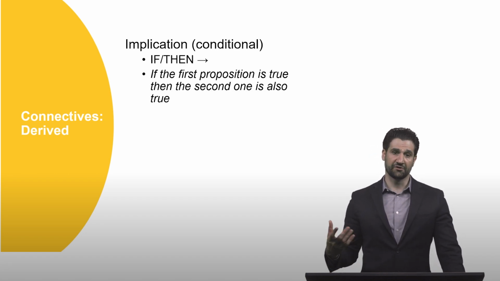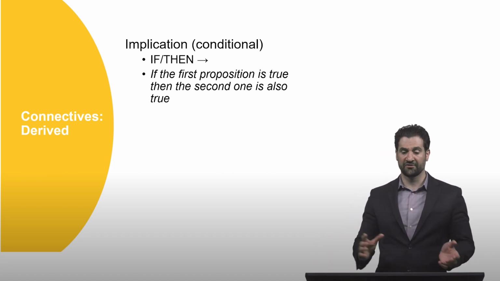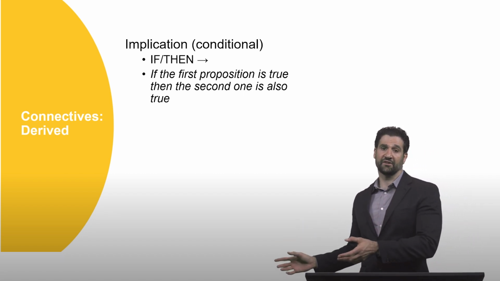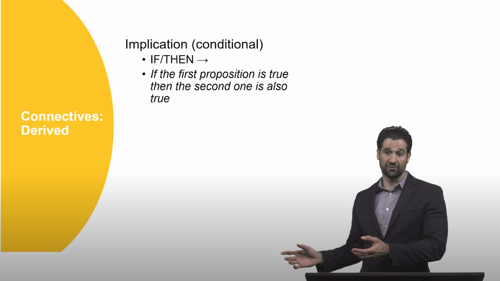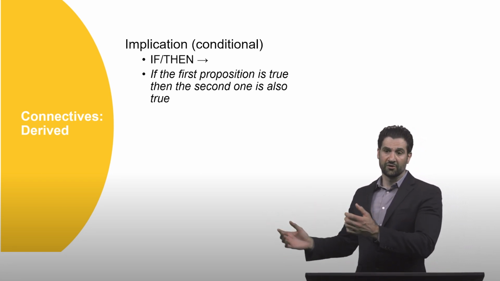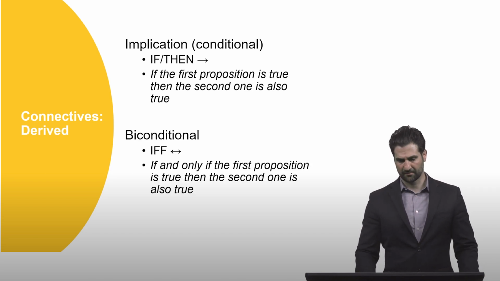And the first one is very commonly seen as implication, and you often hear that in terms of if, then. If the first statement is true, then the second statement must also be true. If you study this class, you will get a good grade, is an example of an implication.